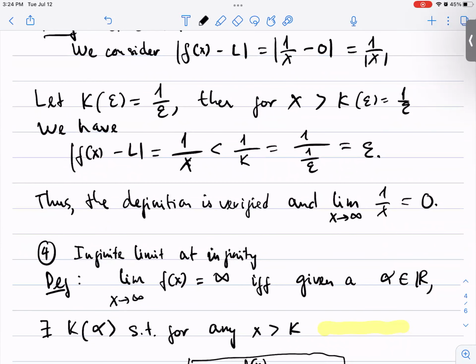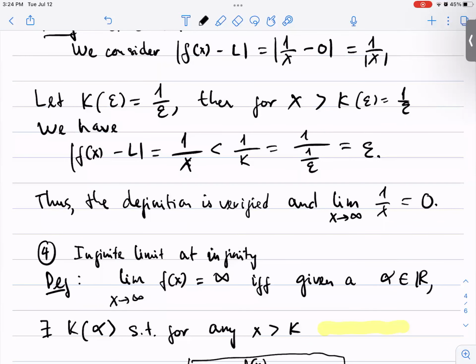Now let k be 1 over epsilon. Then for x bigger than k, we have |f(x) minus L| equal to 1 over x, which is smaller than 1 over k, which is equal to 1 divided by 1 over epsilon, which equals epsilon.